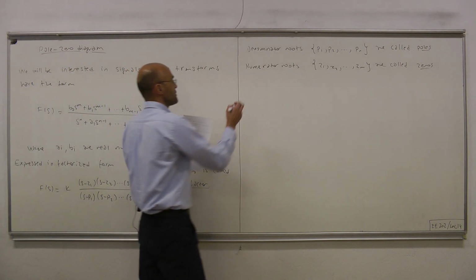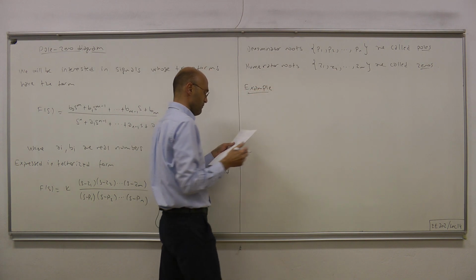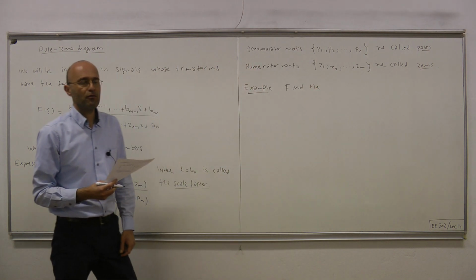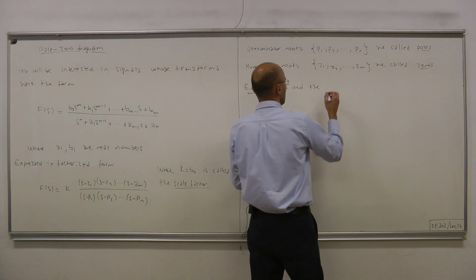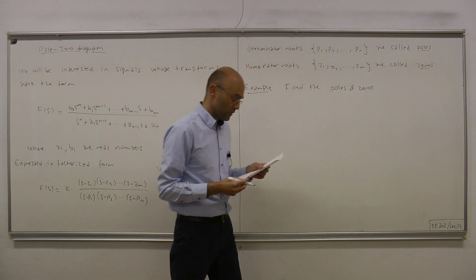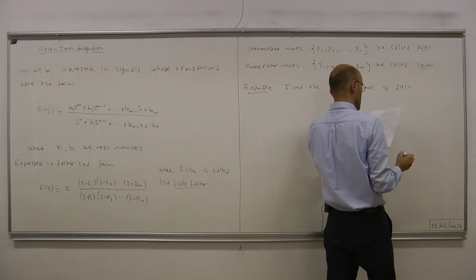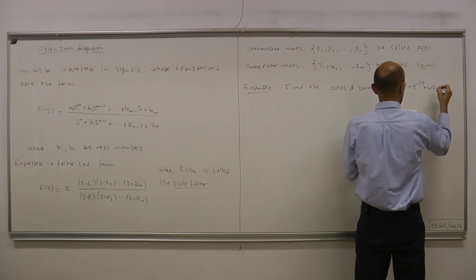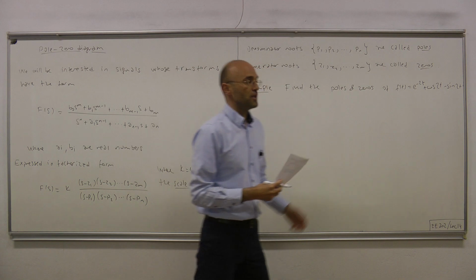Now let's apply this definition to a simple example. Find the poles and zeros of f of t given as e to the minus 2t plus cosine 2t minus sine 2t.